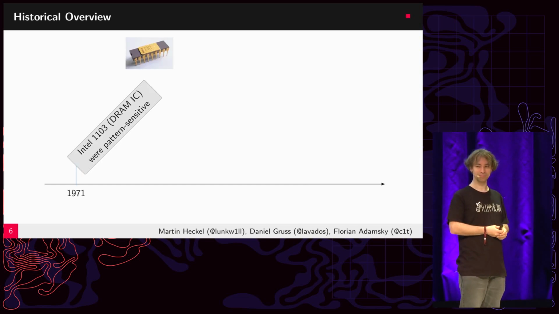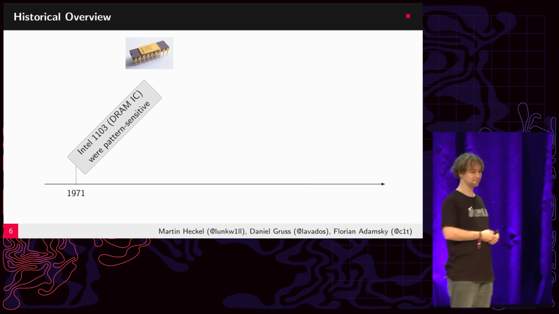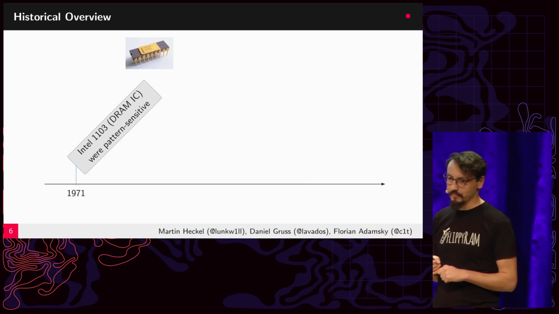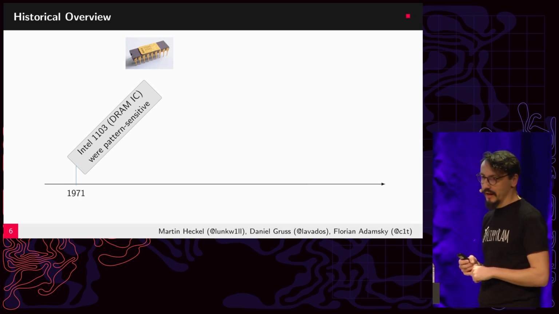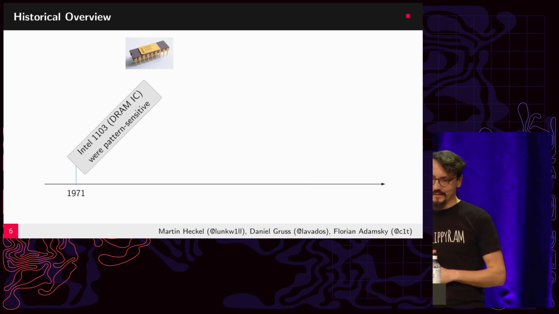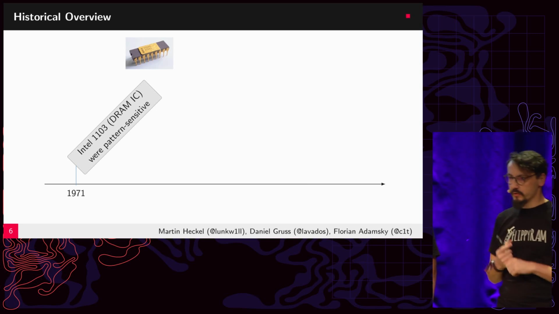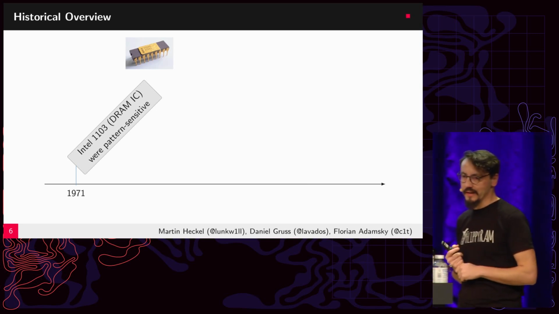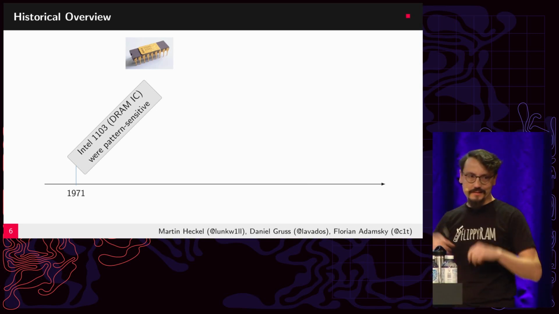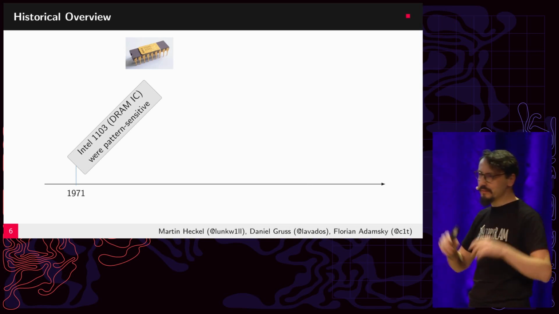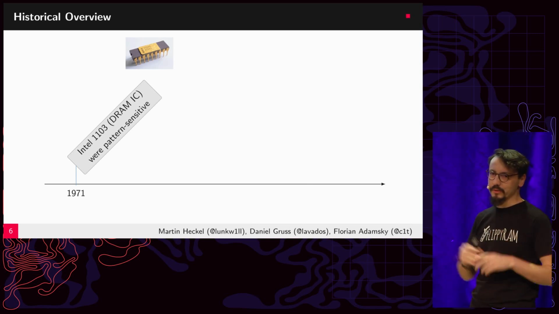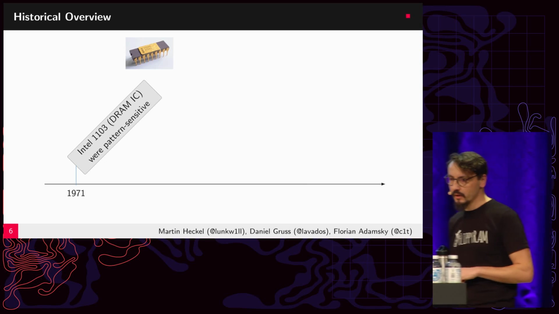So there's at least some literature from 1971, and that was one of the first DRAM ICs, the Intel 1103. And in the literature, you can find that this IC was pattern sensitive, which could already mean that it could be vulnerable to Rowhammer attacks at that time.